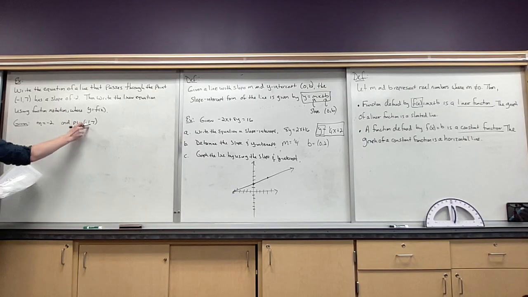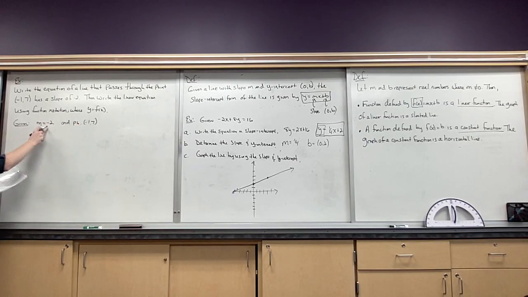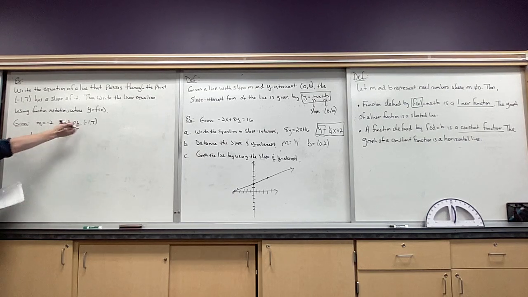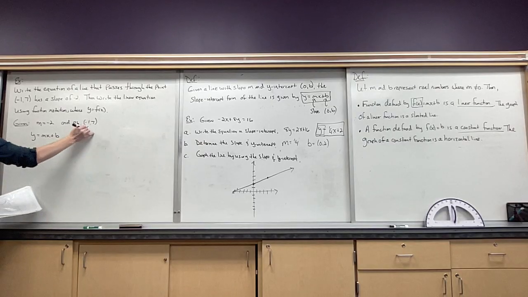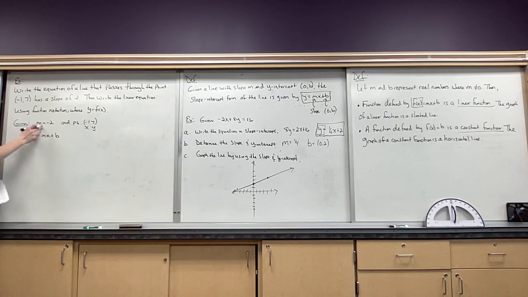So if this works on my line, and this is my slope, what I can do is take the slope-intercept form, as it is, and I can plug these numbers in and solve for b, okay? Because again, these numbers are on that line. So it's kind of forcing b to work with this stuff, which is gonna be our y-intercept. So this is my x and y coordinate. I'm gonna plug them into here along with m. So we get 7 equals -2 times -1 plus b.